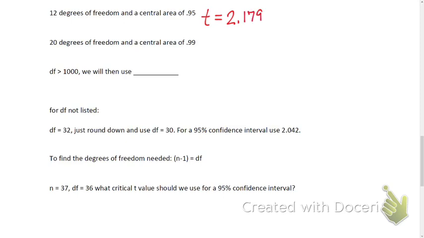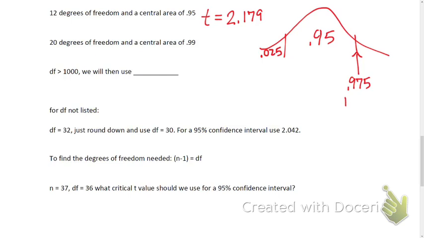If you're confused how it's being calculated, that's the central area. If we're looking at 95%, this is 0.025, so this is the 97.5th percentile.